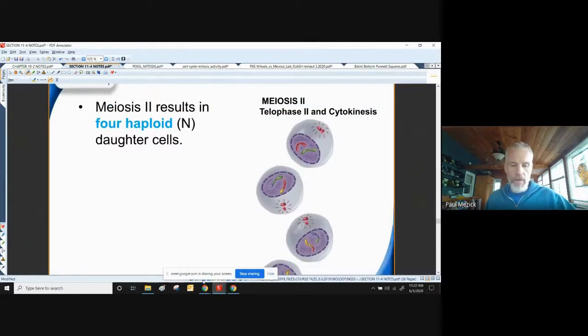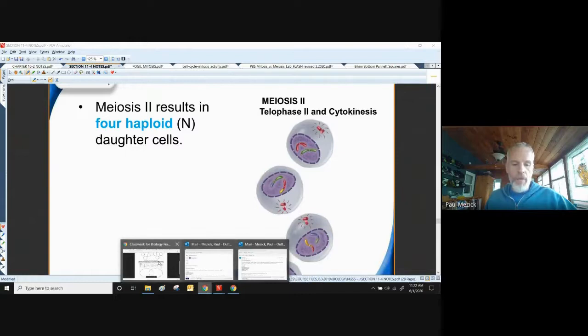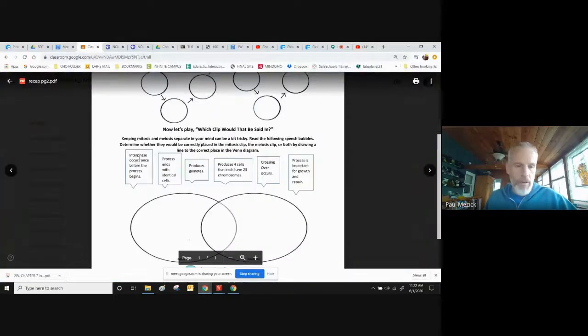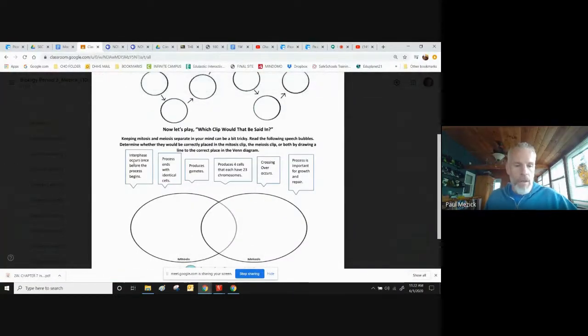So let's take a look at some of the vocab words that you have. Interphase, we can do. Process ends with identical cells. You could put that in. What process produces gametes? So gametes are sex cells.